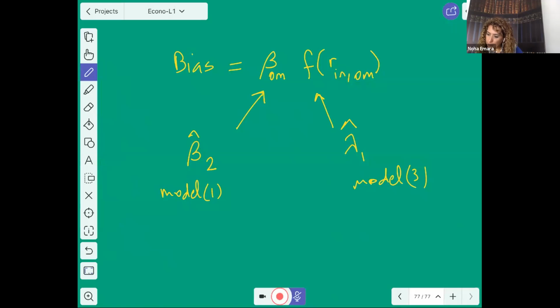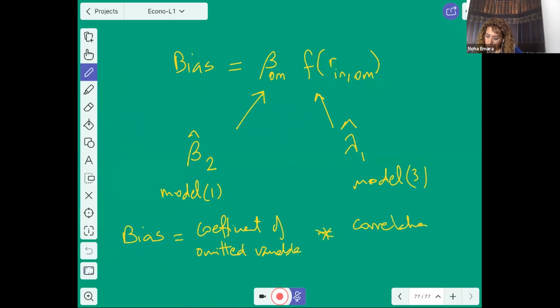So I can write it this way in case you are lost. The bias is equal to the coefficient of the omitted variable times the correlation between the omitted and included variable.